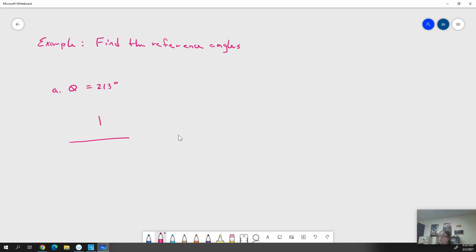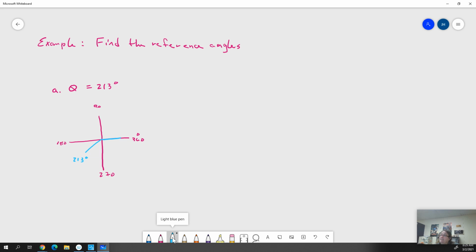Well, what I know is that this is 90 degrees, and this is 180. This is 270. And this is 360 or 0, right? So I know that it's going to be in here somewhere. Doesn't matter exactly where, right? I just know that somewhere in this quadrant is going to lie my 213 degrees.